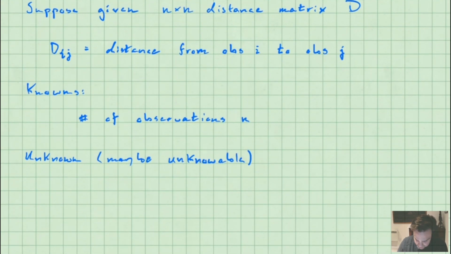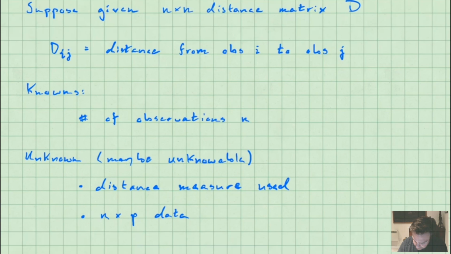So maybe it's even unknowable, the following different things. You don't know what distance measure was used. I mean, you could, but let's just suppose that you don't. You don't generally know this. And you definitely don't know the n by p data matrix of all the different observations.